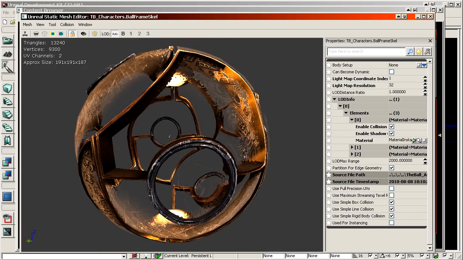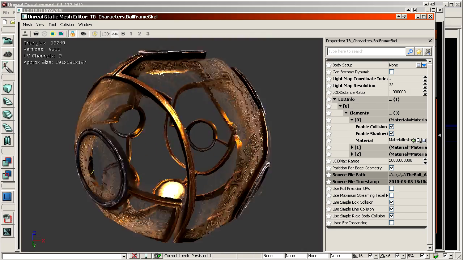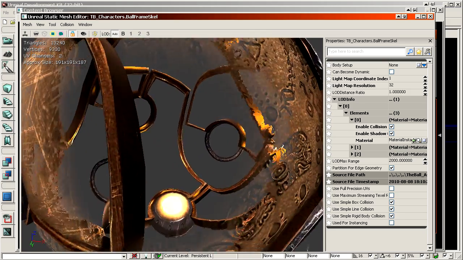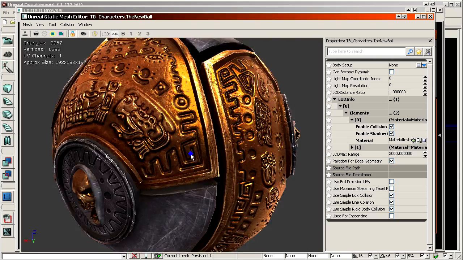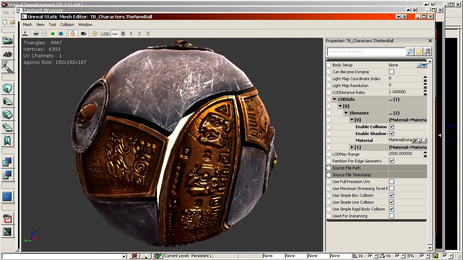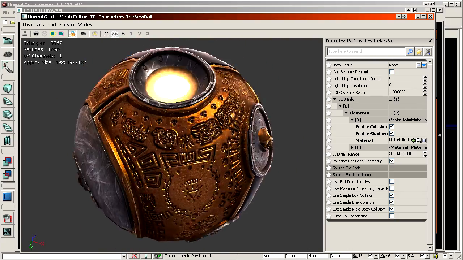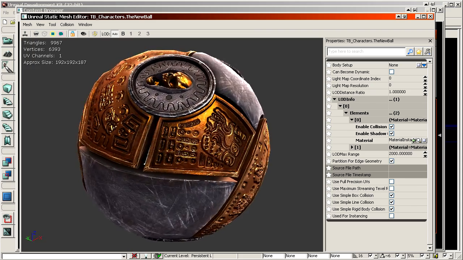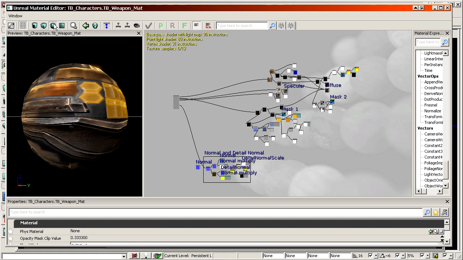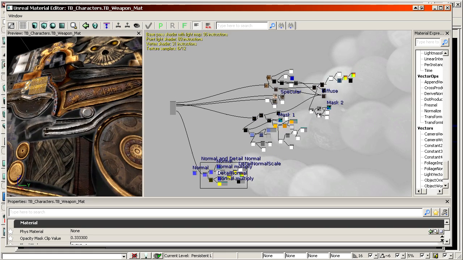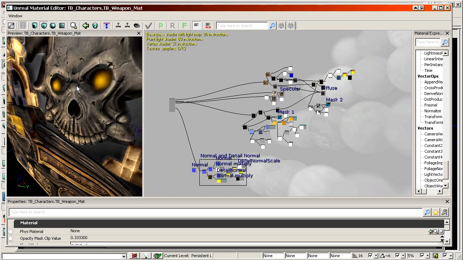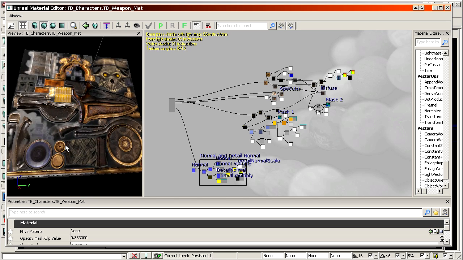So here we have the transparent ball. And this is the actual ball itself. This is the weapon. Similar setup. It had colors in its eyes. The eye color had to change depending on the situation.